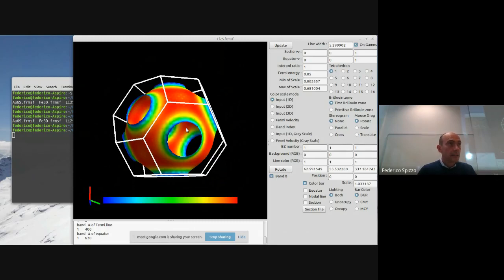So the fact that you have a free electron metal doesn't mean that the gap is 0 or that the Bragg planes have no distortion. The fact that you have a free electron metal just means that due to the electronic density that you have in the system, the Fermi surface is not large enough to feel the effect of the distortion.